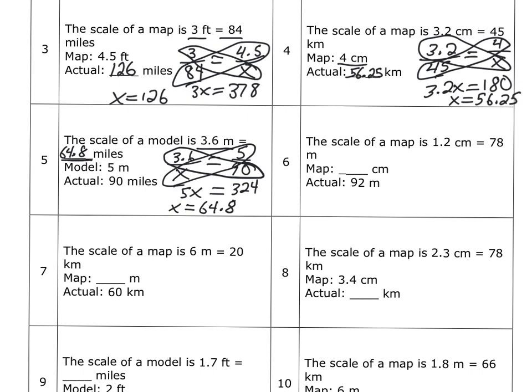Number 6. We're given the map, we're given the actual. We aren't given the map, but we are given the actual for the second fraction. Cross multiply. So I have 78x is equal to 110.4.